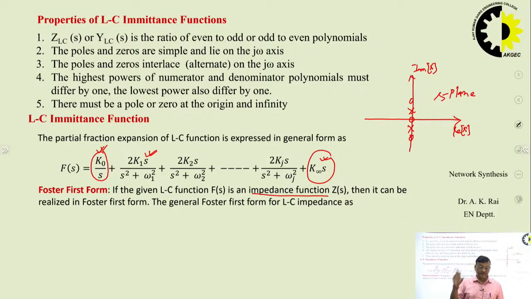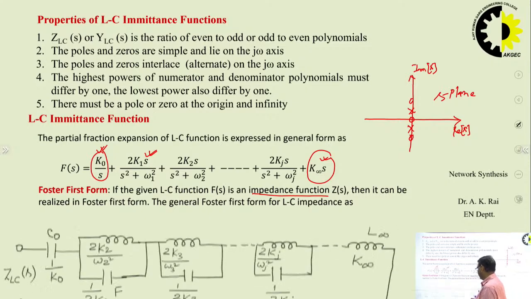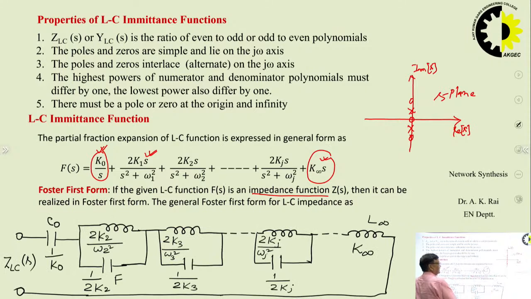But if it is asked to find the Foster second, then the given impedance function must be inverted and then we go for the partial fraction expansion. So this is the general partial fraction expansion for LC immitance function. Similarly, we can have the general structure of LC immitance function in Foster first.